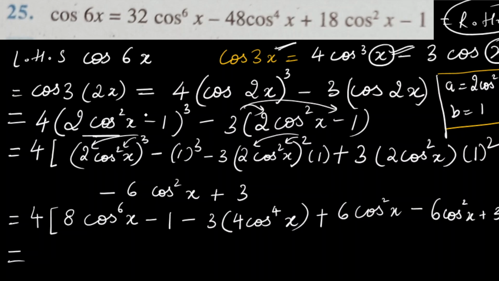This 4 is getting multiplied with this thing. As in the formula, this is a minus b whole cube, so a cube minus b cube minus 3a square b plus 3ab square. With this thing 4 will get multiplied. So here I have to close the bracket. Here I have to close the bracket. Then this 6 is outside. So like this. Okay, so I haven't written any bracket over here.